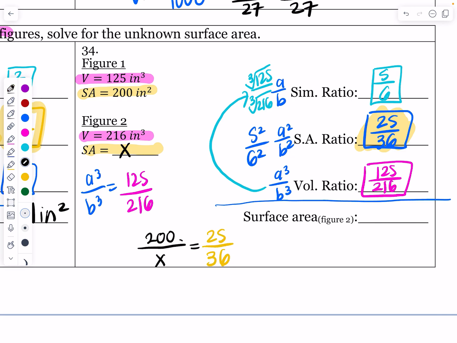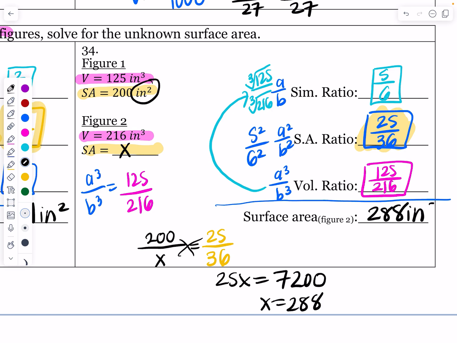So when I do that, that's going to be 25x equals 36 times 200, which I believe is 7,200, but I just want to make sure. And so when I cross multiply that and I divide by 25, I'm going to get a surface area of 288. So what do I fill in for my units? That is going to be in inches squared.